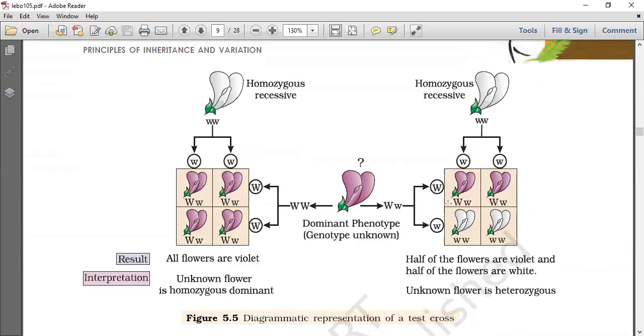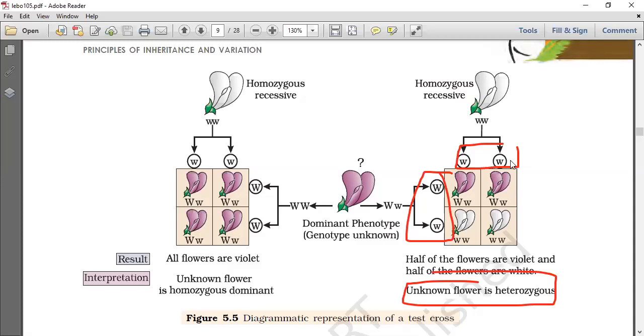See the diagram. Capital W small w, small w small w. That means the F1 heterozygote is crossed with the recessive parent. We got 50% violet, 50% white. So we predicted and declared that the unknown flower is heterozygous. In the same way, here you see the cross.